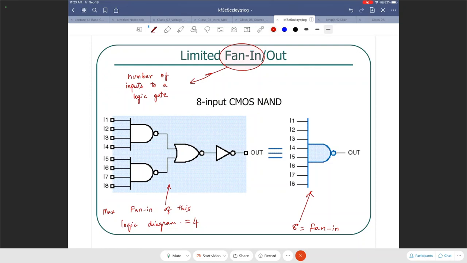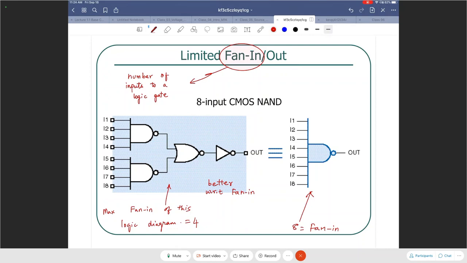So my claim right now is the left one is better with respect to fan in, because I'm connecting a lesser number of inputs.